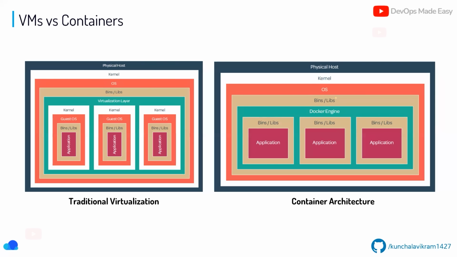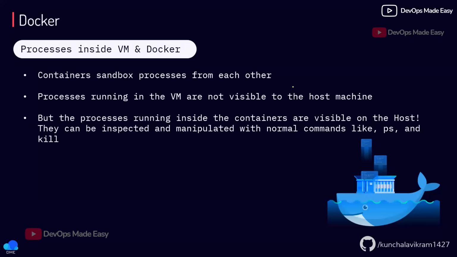But the same is not true in your Docker or container architecture, where the Docker engine is responsible for creating a lot of containers, but none of the containers has its own operating system, because they are using the underlying host machine's operating system. So that's the reason it is OS virtualization.